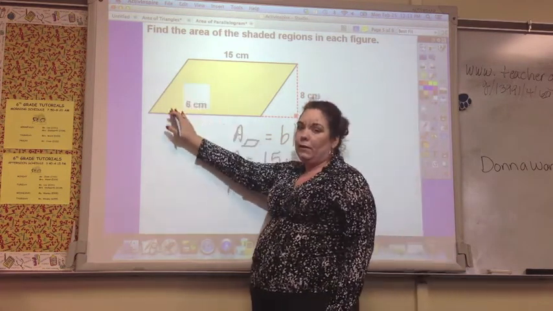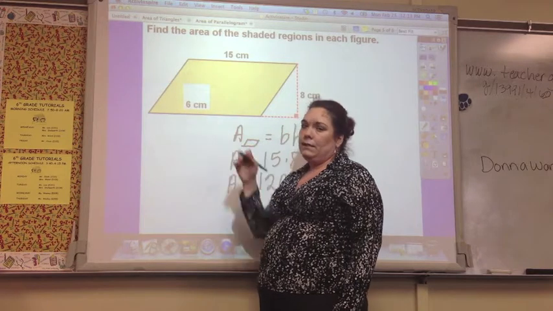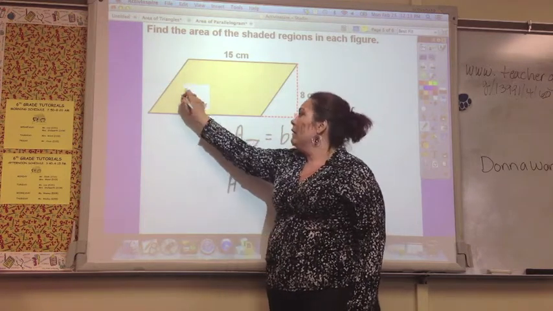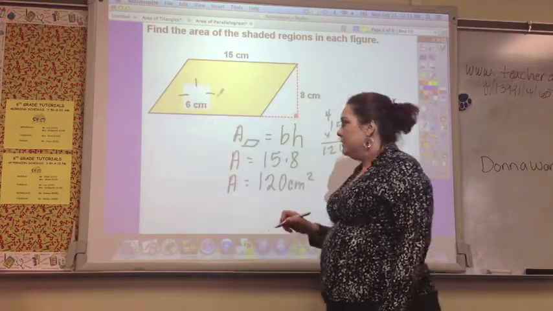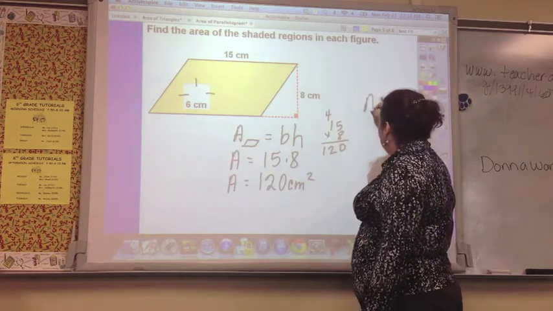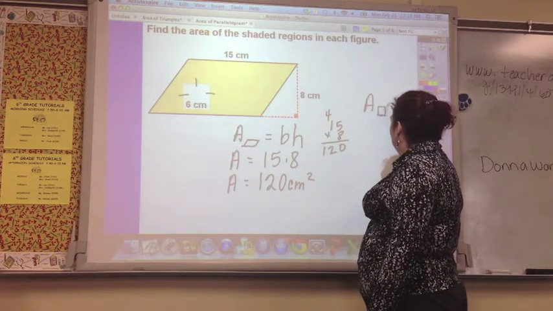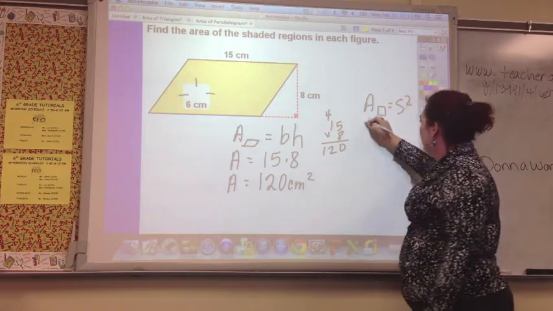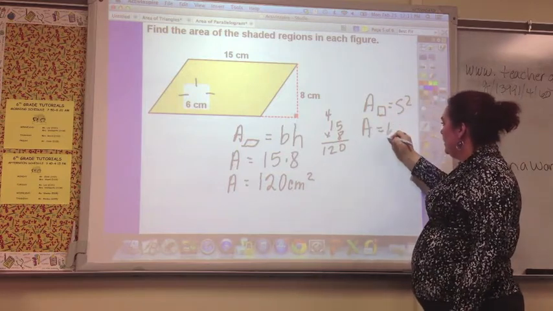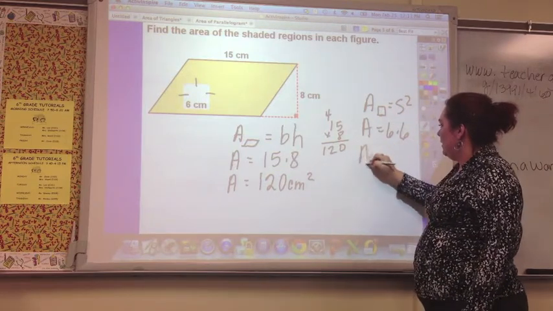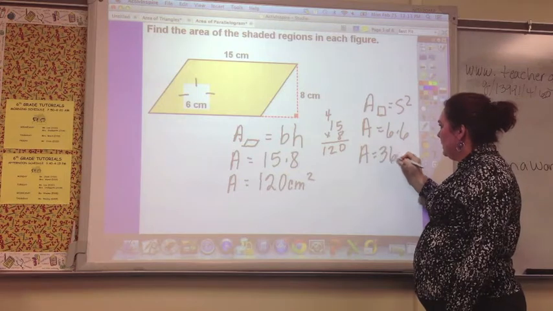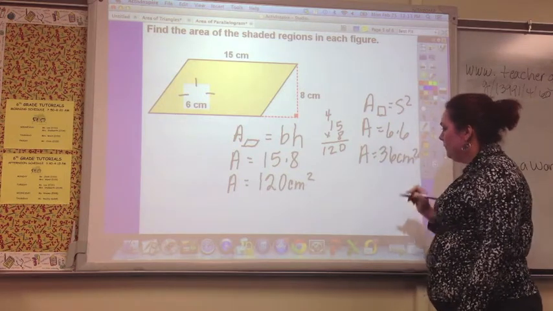Now I've got to take this out. This is a square, and one side is 6, and since it's a square, all sides are 6. The area of a square is side squared. So the area of the square is 6 times 6, so the area is 36 centimeters squared.